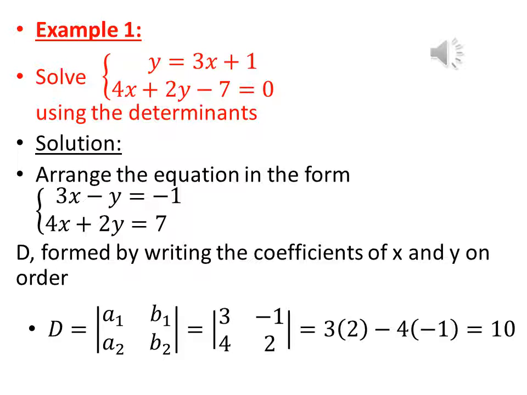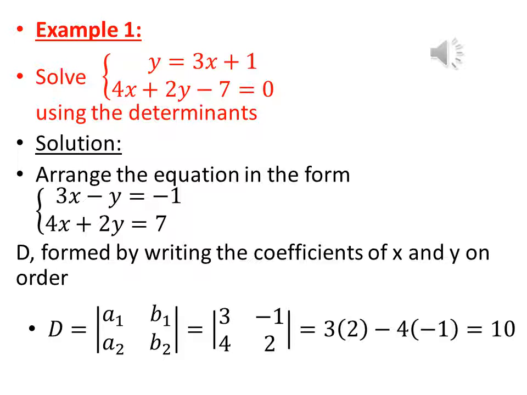To solve by determinant, we have to get the determinant D. What is D? D is formed by the coefficients of x and y in order. So we make a 2 by 2 determinant. First row, the coefficient of x is 3, the coefficient of y is -1.